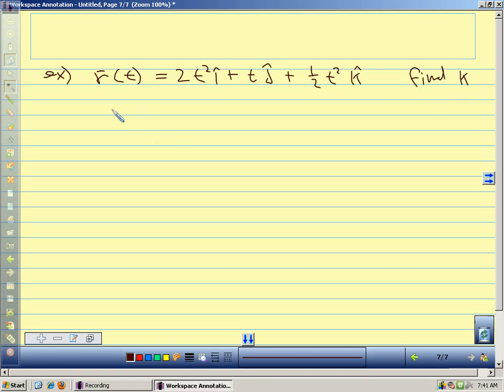So r prime, what is r prime here? 4t i plus j plus t k. R double prime is 4 i plus k.